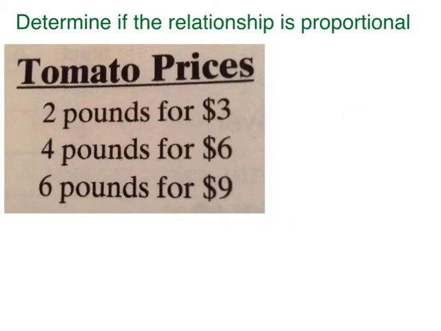We can do the same thing by comparing prices. For example, this is an advertisement for tomato prices. I could get 2 pounds for $3, 4 pounds for $6, or 6 pounds for $9. So if I write those as ratios, I have 2 pounds for $3, 4 pounds for $6, and 6 pounds for $9.